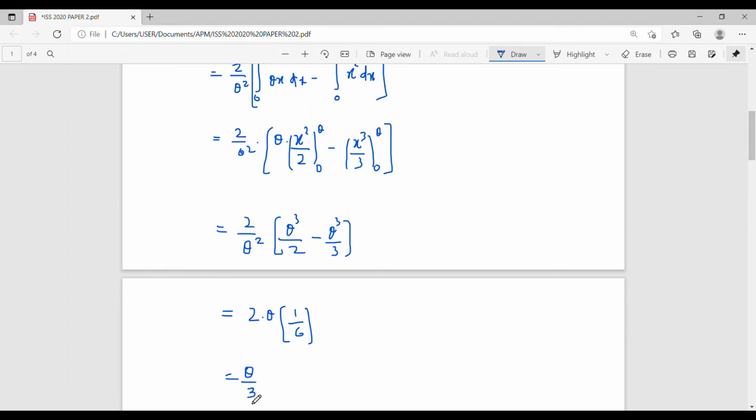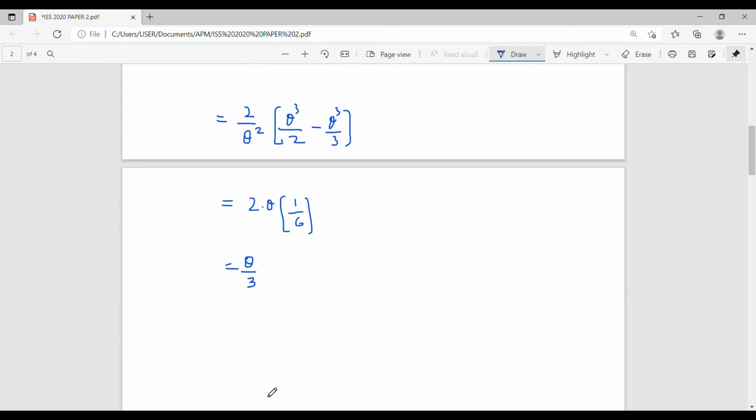So the expected value of x for the given population is equal to theta by 3, which is mu 1 dash, the first moment of the population.